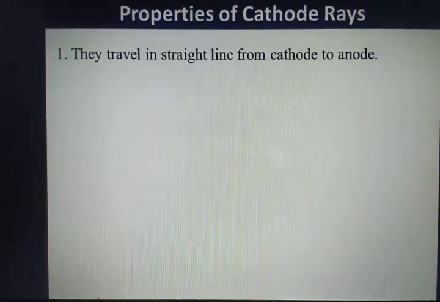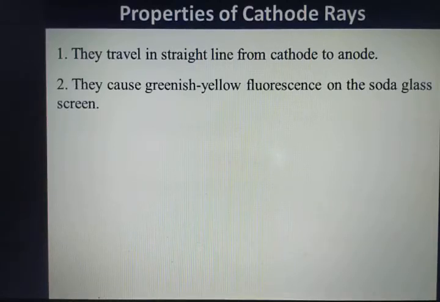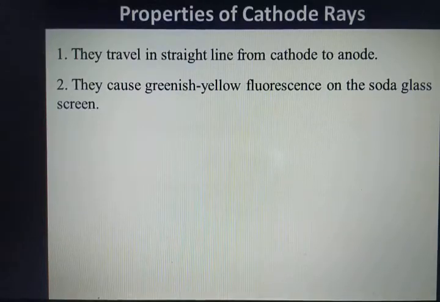The first is that cathode rays travel in a straight line from cathode to anode. The next, they cause greenish yellow fluorescence on the soda glass screen. If you remember, in the first diagram you saw, the back side of the anode is painted or coated green to help people realize that cathode rays produce a greenish yellow fluorescence.